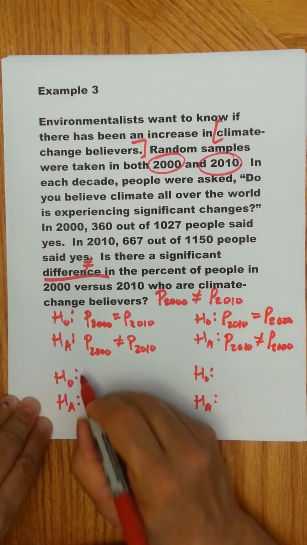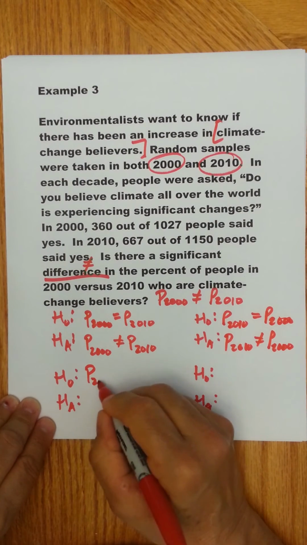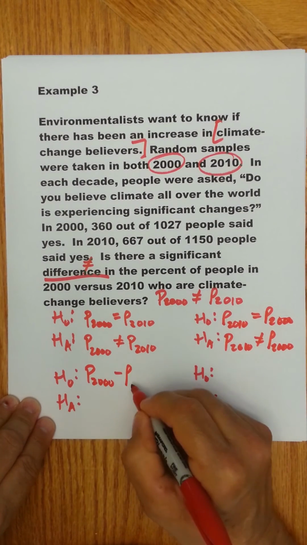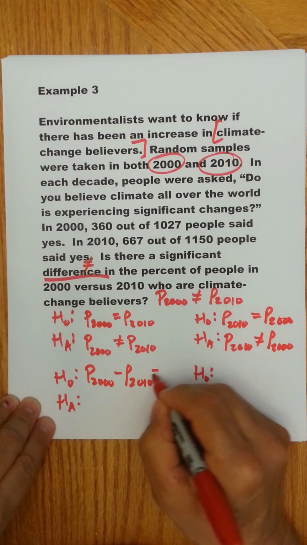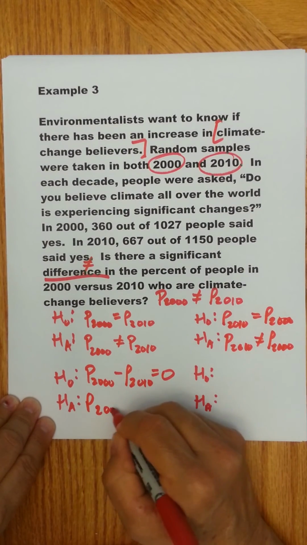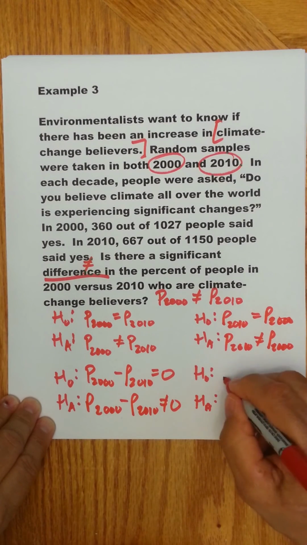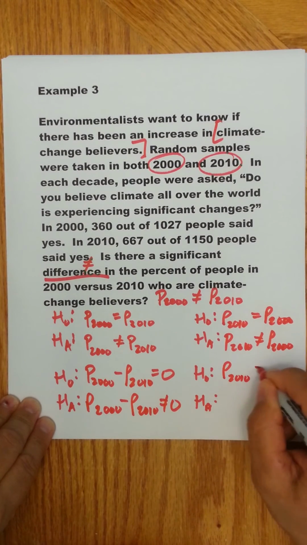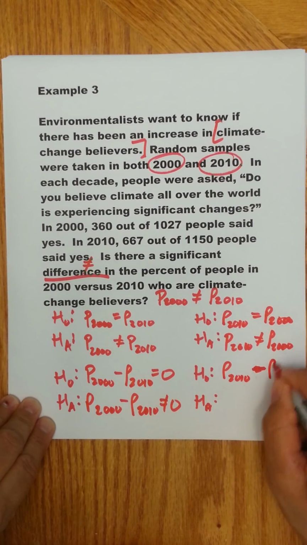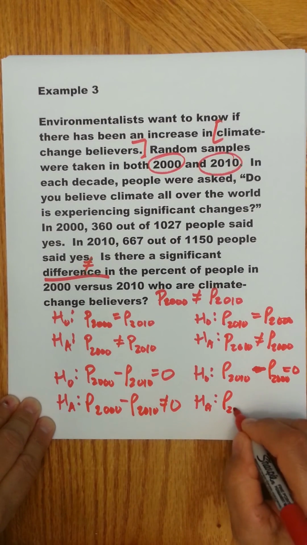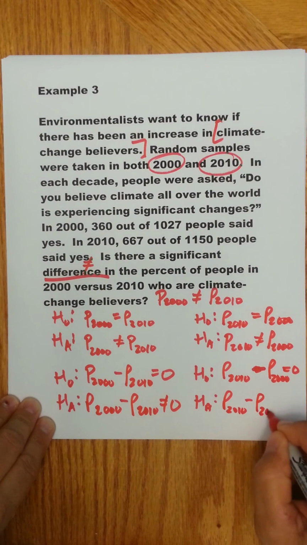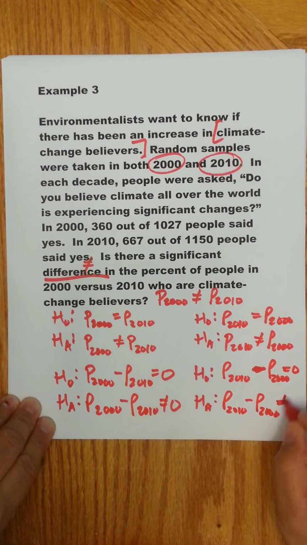And then using algebra, you could subtract and find differences. And here, sorry, that's a difference. It is different from 0.